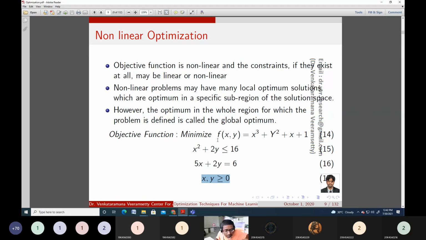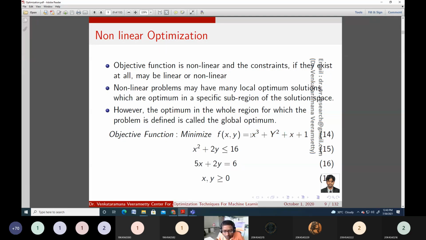So an optimization problem is said to be a non-linear optimization problem if your objective function is a non-linear function of your decision variables. In the previous case, your objective function is 6a plus 5b. It's a linear function of your decision variables a and b.